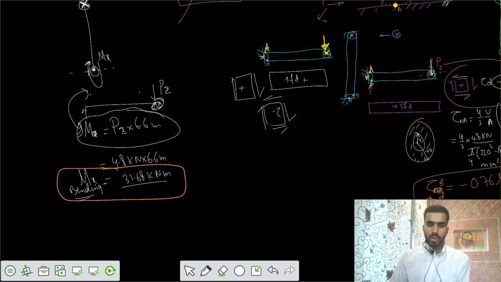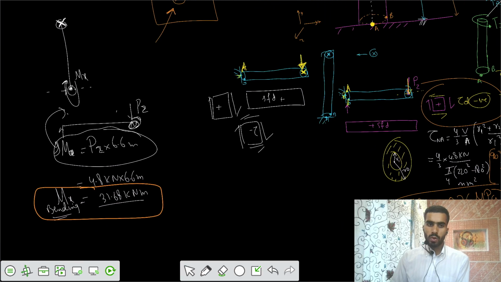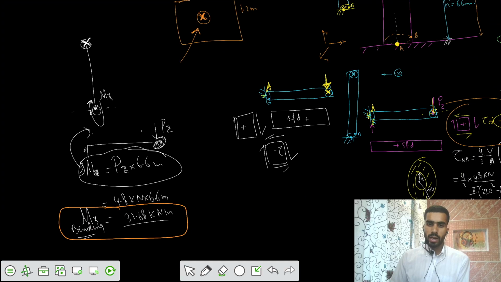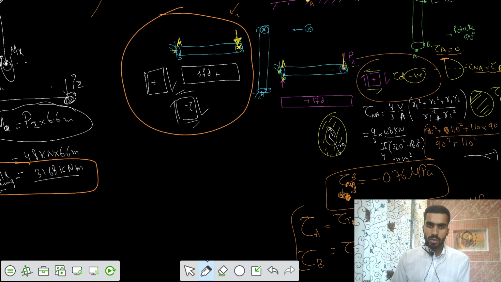Now if you have these two points, point A and point B, from this figure you observe that you are applying load in the Z direction. So this is load in Z, this is your Z axis, and this is your y axis, because the member was vertical, and this is your x axis.